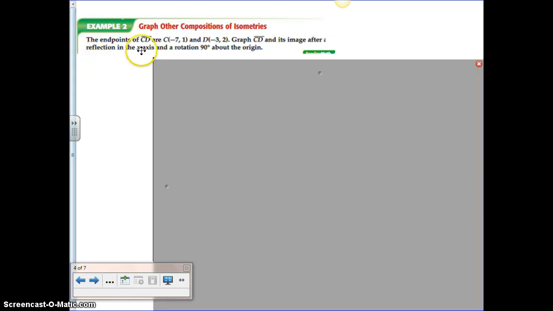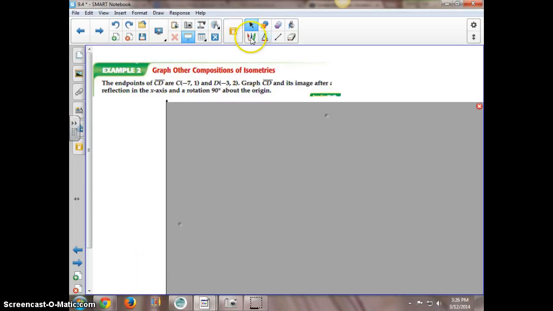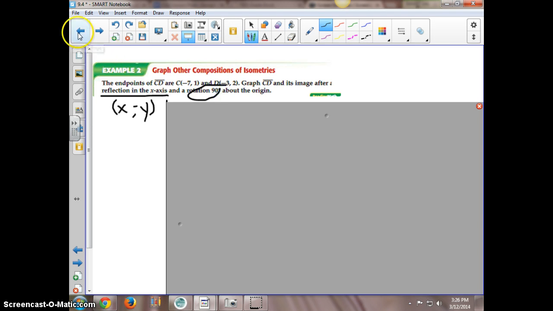Example 2, we are going to just look at a line CD with endpoints as listed here. You're asked first to graph that line and its image after a reflection over the x-axis. So right now in my head I'm thinking, okay, reflection over the x-axis tells me it's really the opposite of what I'm thinking, so opposite of y, so I'm keeping that rule in my head, and a rotation of 90 degrees about the origin.